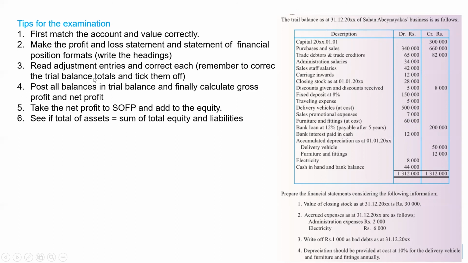Or you either add those. And then you post all the balances in the trial balance while you post your adjustment entries first. Then you take the net profit to the statement of financial position and add the equity. After that, you see whether the total of the assets equals the sum of equity and liabilities.